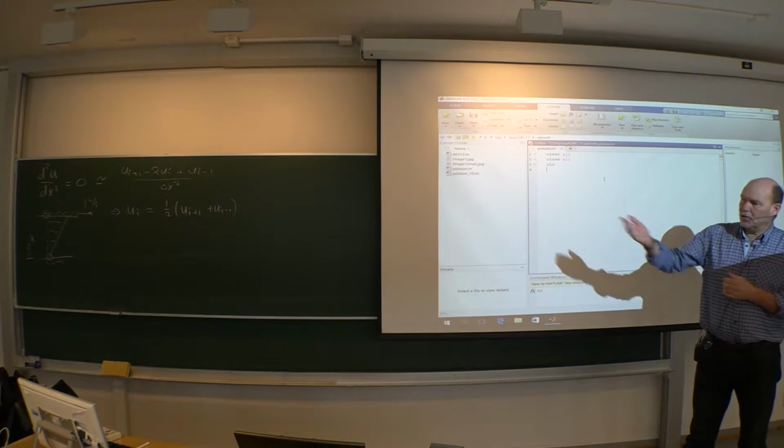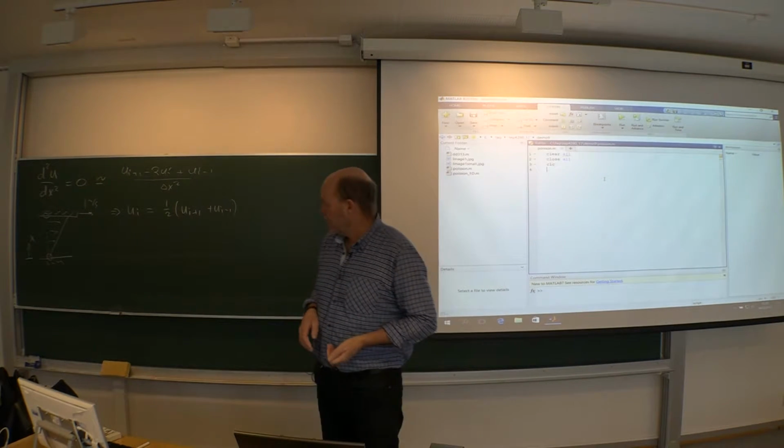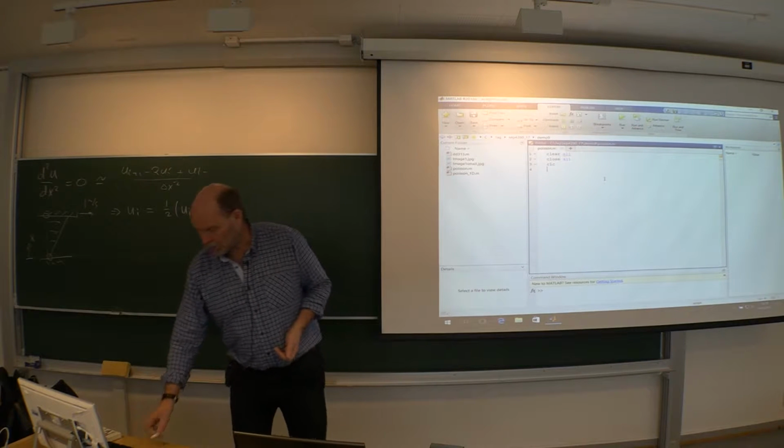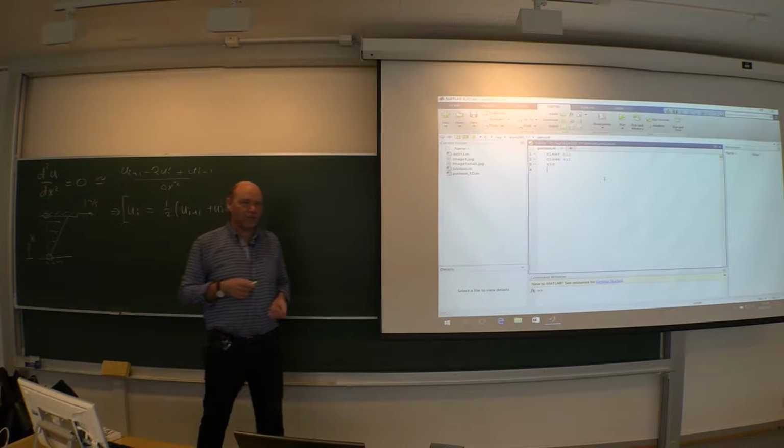Yeah, well, if you knew the neighbors, the problem is solved. Of course, you don't know the neighbors, so we are talking here about an iterative process. So I'll use that one as an iterative scheme.